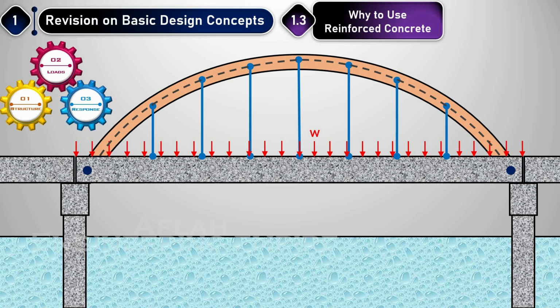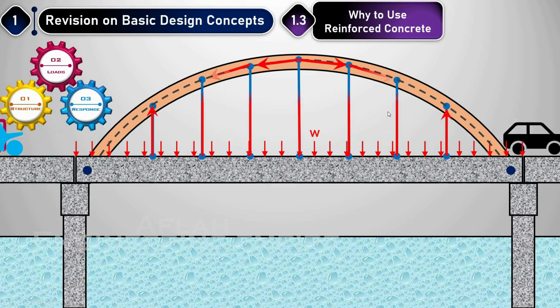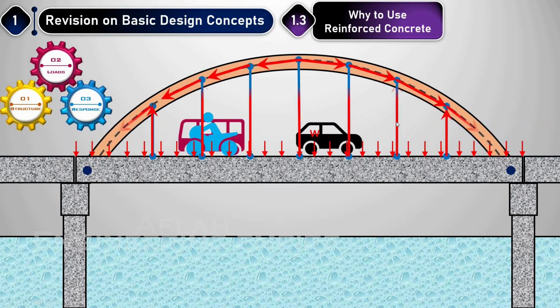Well, the loads will be the dead load of the element and the live load, maybe vehicles, whatever it is. The load will be resting on this deck, but this load will be transferred through these cables to the top part. This is the arch part. The arch may be concrete, maybe steel, whatever it is. Now we know that these vertical members are suffering tensile stresses.